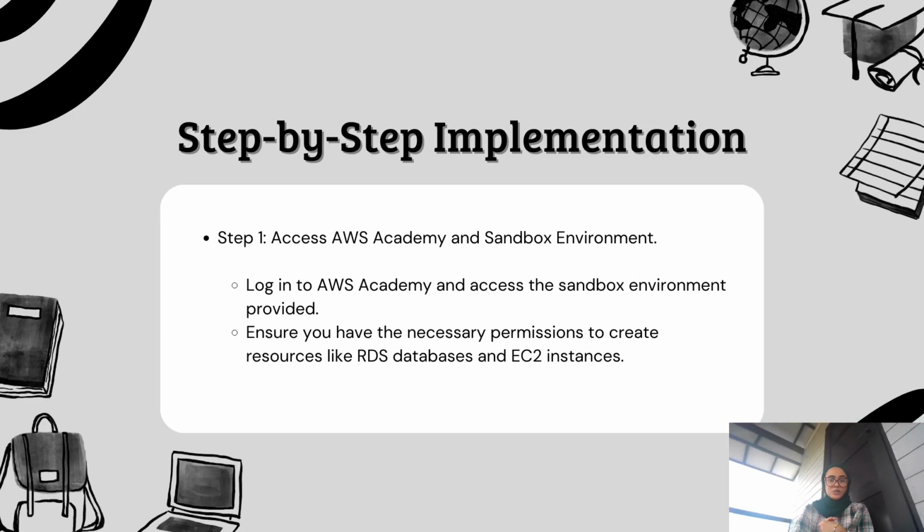The next two slides show the step-by-step implementation in detail, but I will only choose the first two steps and the last two steps used in this task 2. For step 1, to access AWS Academy and the Sandbox environment, we need to log into AWS Academy and access the Sandbox environment provided. Ensure that I have the necessary permissions to create resources like the RDS database and EC2 instances.